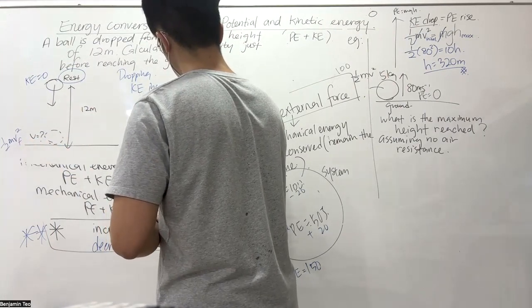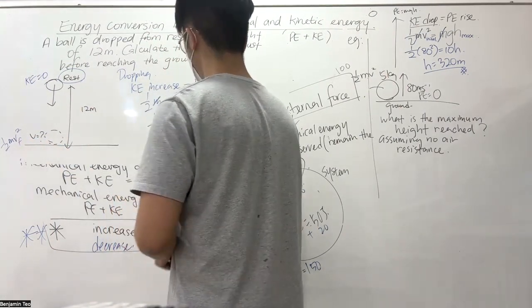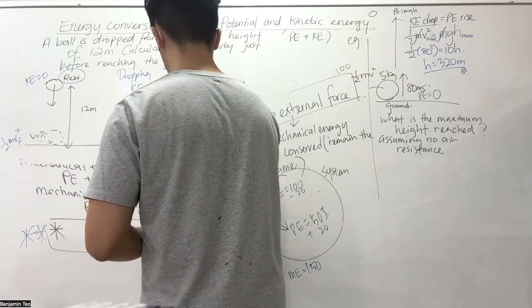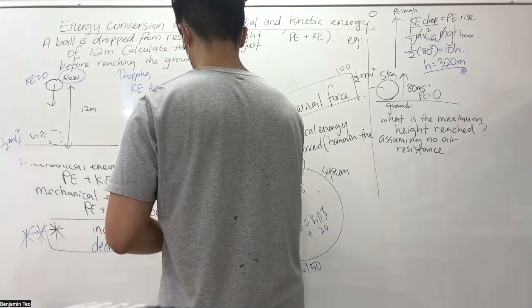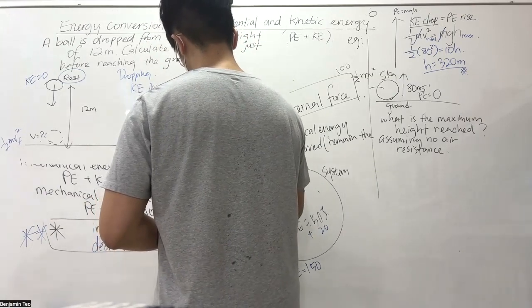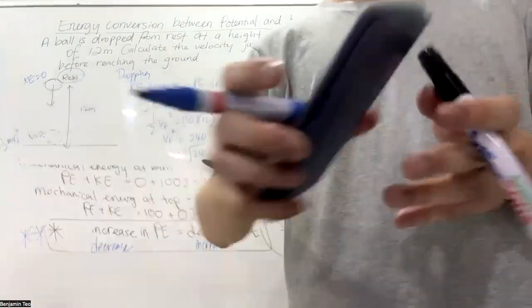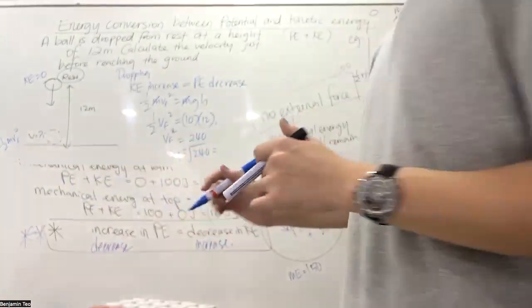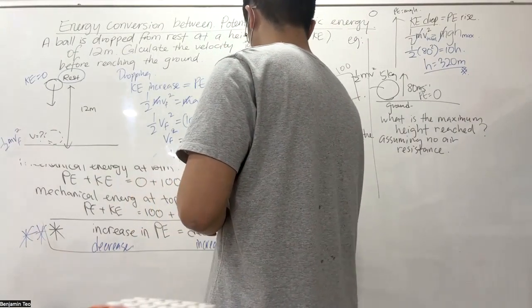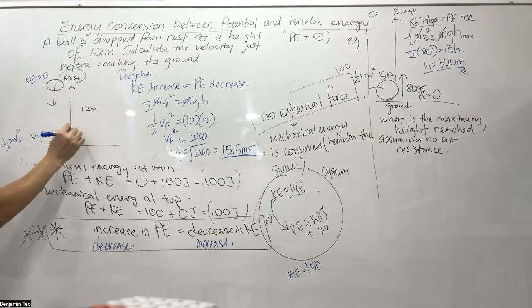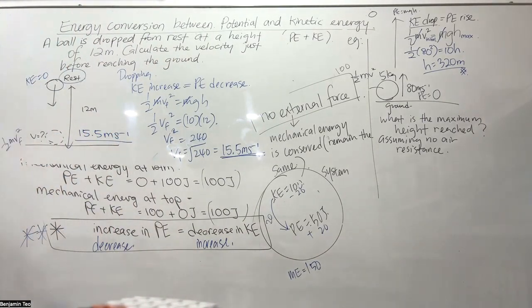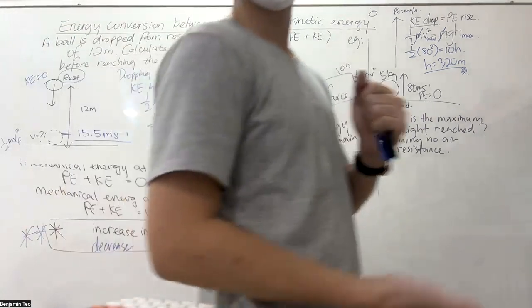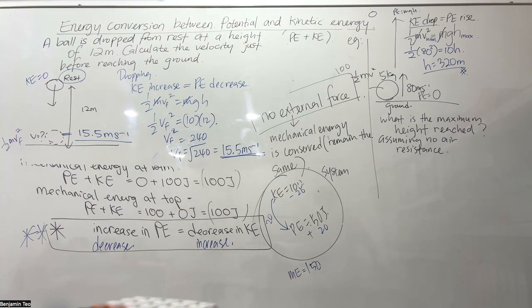So half mv squared equals mgh. Let me know if you have any questions.